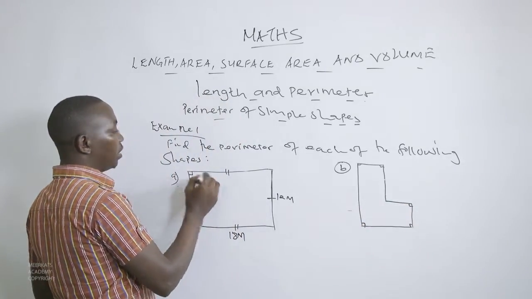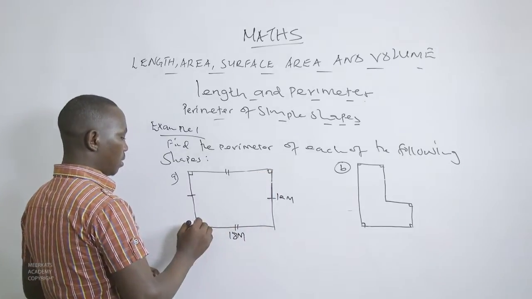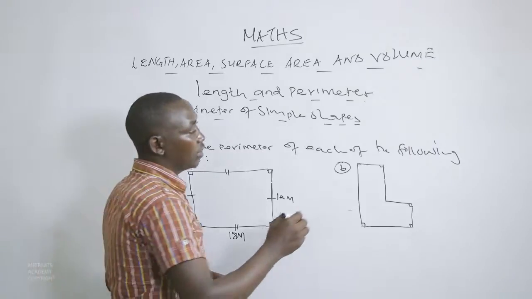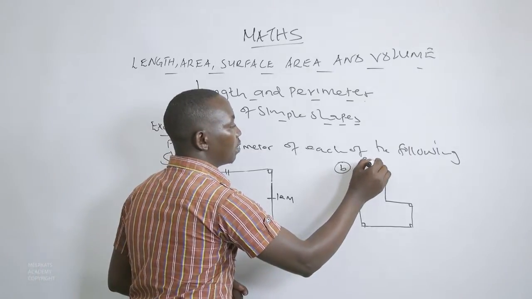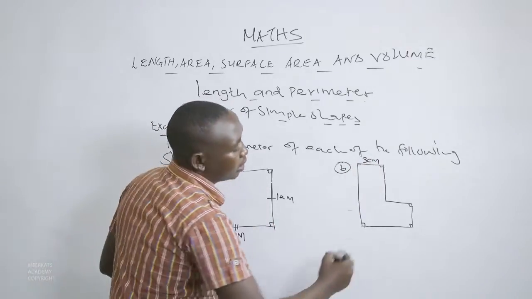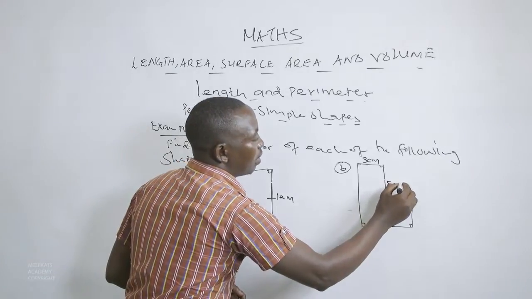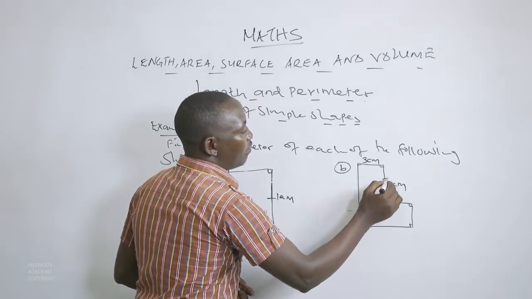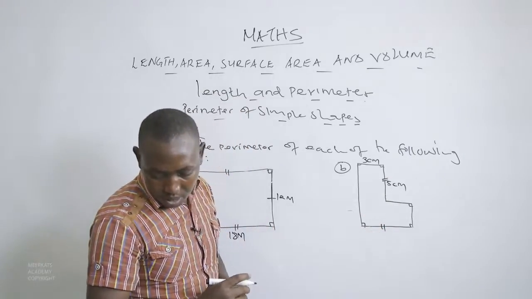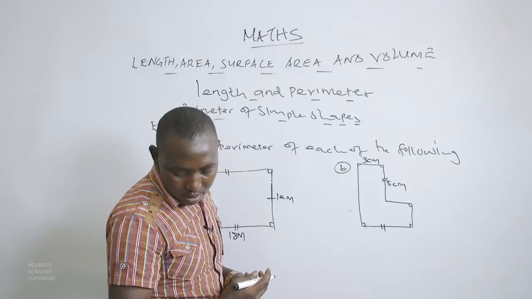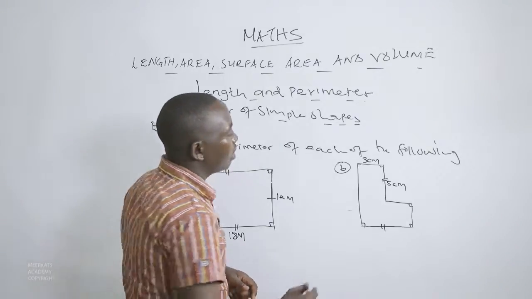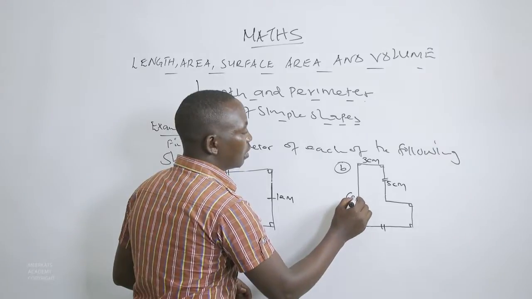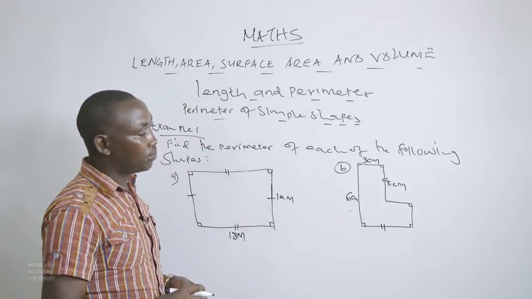Also in this case, those are 90 degrees. We are told that this is 3 centimeters, this is 5 centimeters, and we have these marks. Then the last side of this is 6 centimeters.